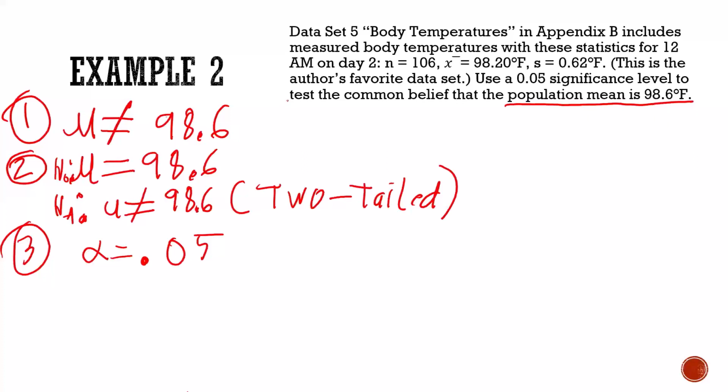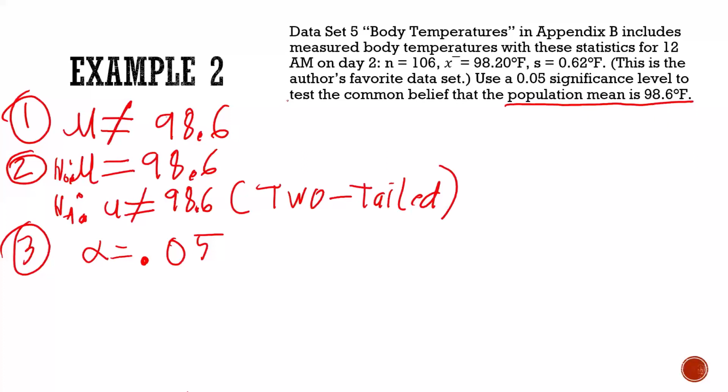Step 4 is to calculate the test statistic, is what I think you just got. And in this case, the test statistic, everybody, is Z, right? It is not Z. It is T because what is not known?